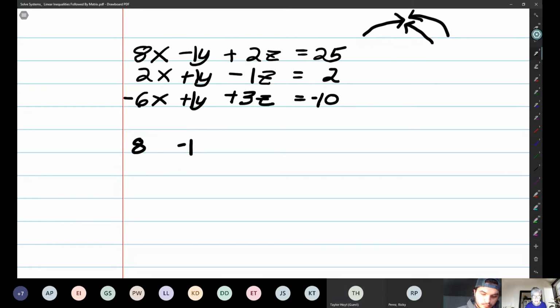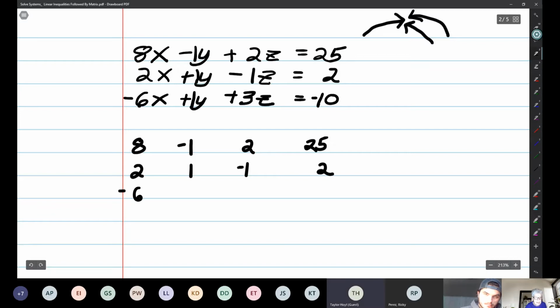You'll have 8, -1, 2, and 25. You'll have 2, 1, -1, and 2, and you'll have -6, 1, and 3, and -10. And this is called a matrix.